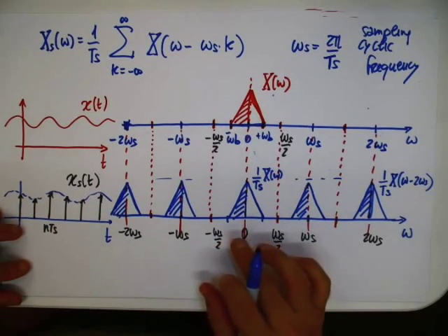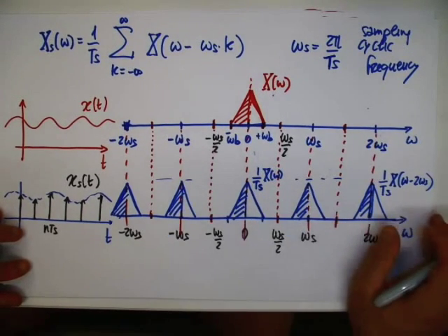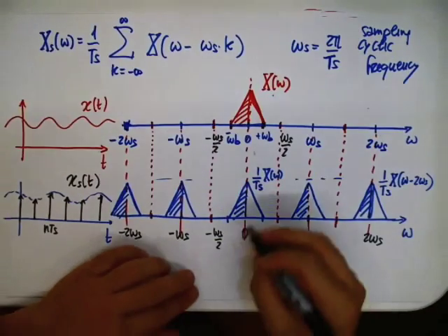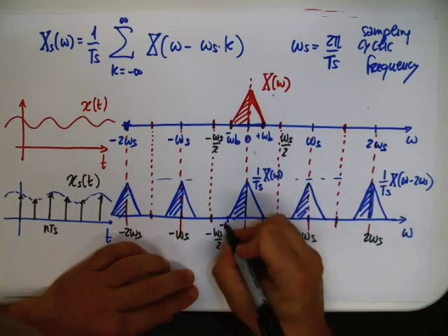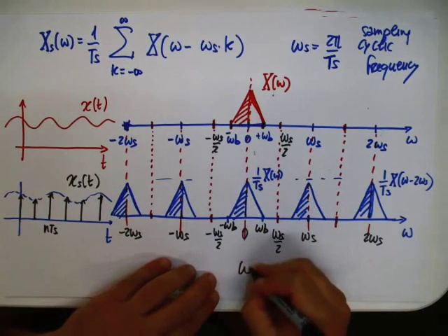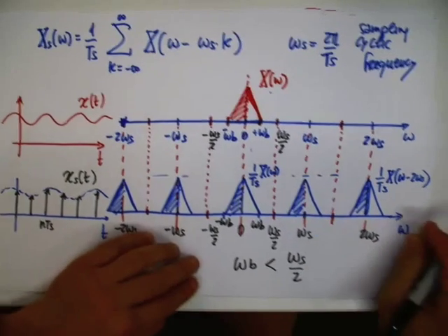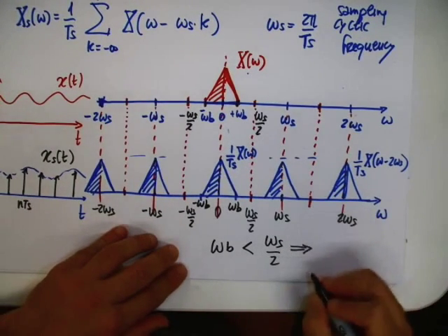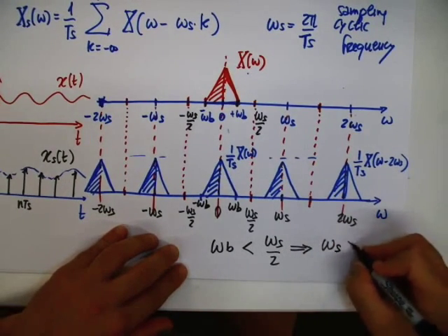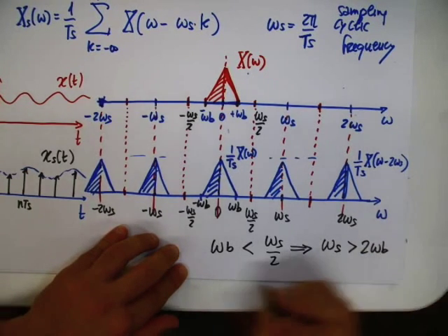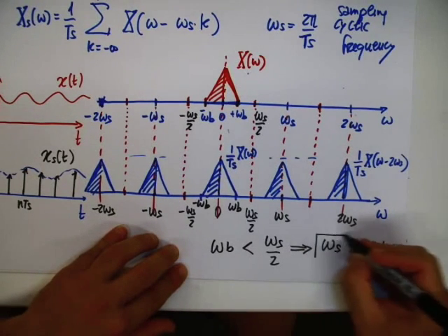In this case, there is no overlap between the spectra, which means that omega b is less than omega sub s divided by 2. And this implies that the sampling frequency is greater than twice the maximum frequency of the signal.